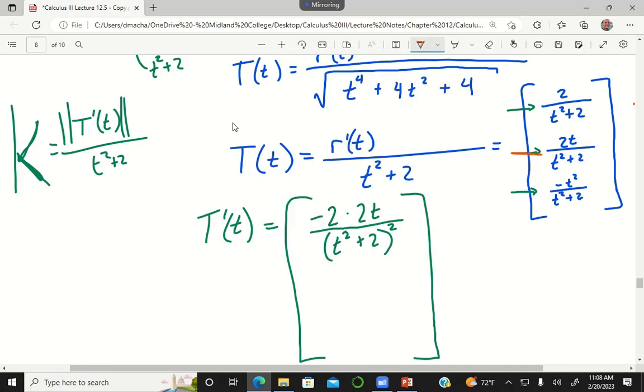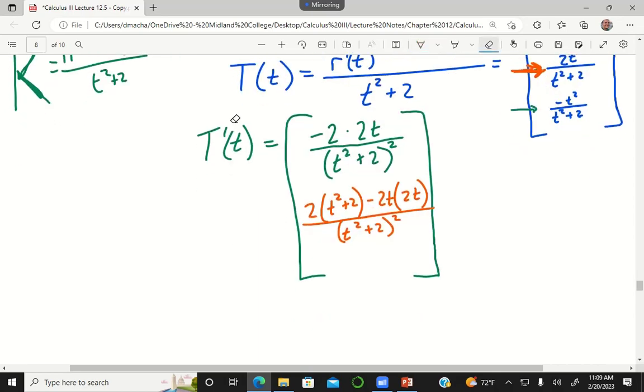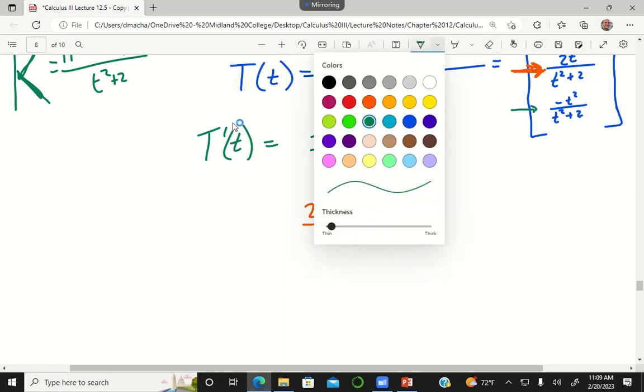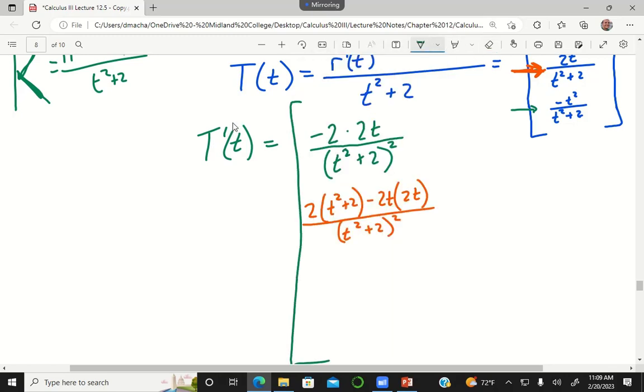And then for this one, I have, let's see, f prime g minus f g prime all over g squared. And then let me extend this a little bit so I've got more room.